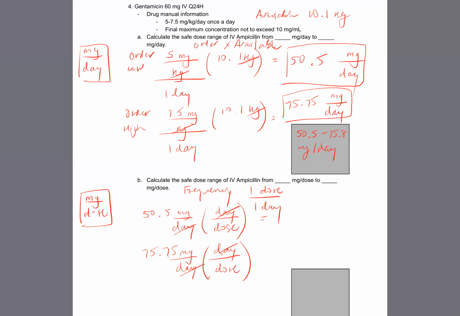And because it's 1-to-1, 1 day per 1 dose, the answer will come up the same, 50.5 milligrams per dose and 75.75 milligrams per dose. So 50.5 to 75.8 milligrams per dose for the answer for part B.